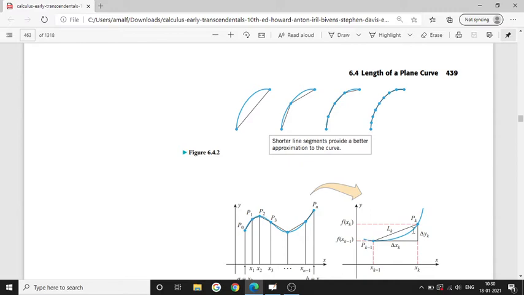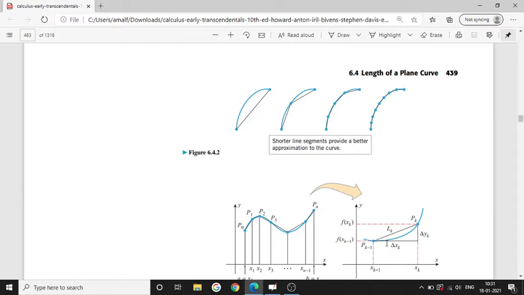Now draw a line perpendicular to this line, and similarly a perpendicular in the other direction. So you will get a right triangle which is having hypotenuse as the line segment joining pk minus 1 and pk. So the length lk will be root of delta xk square plus delta yk square.